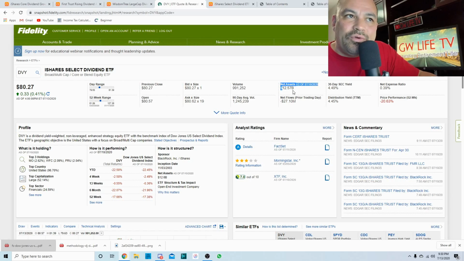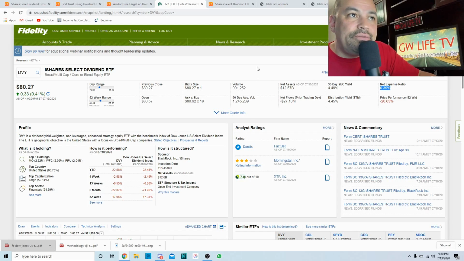It has about $12.57 billion in net assets, 4.49% dividend yield, roughly. And it has an expense ratio of 0.39%. So a little on the high side. A lot of dividend ETFs are kind of like that. And so we're going to check it out.